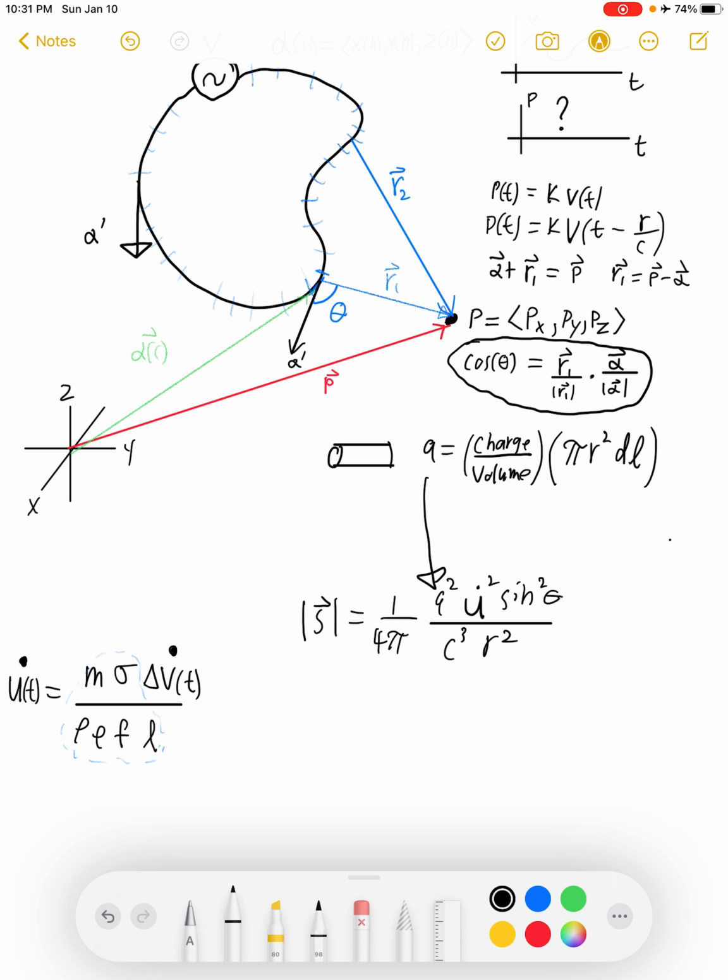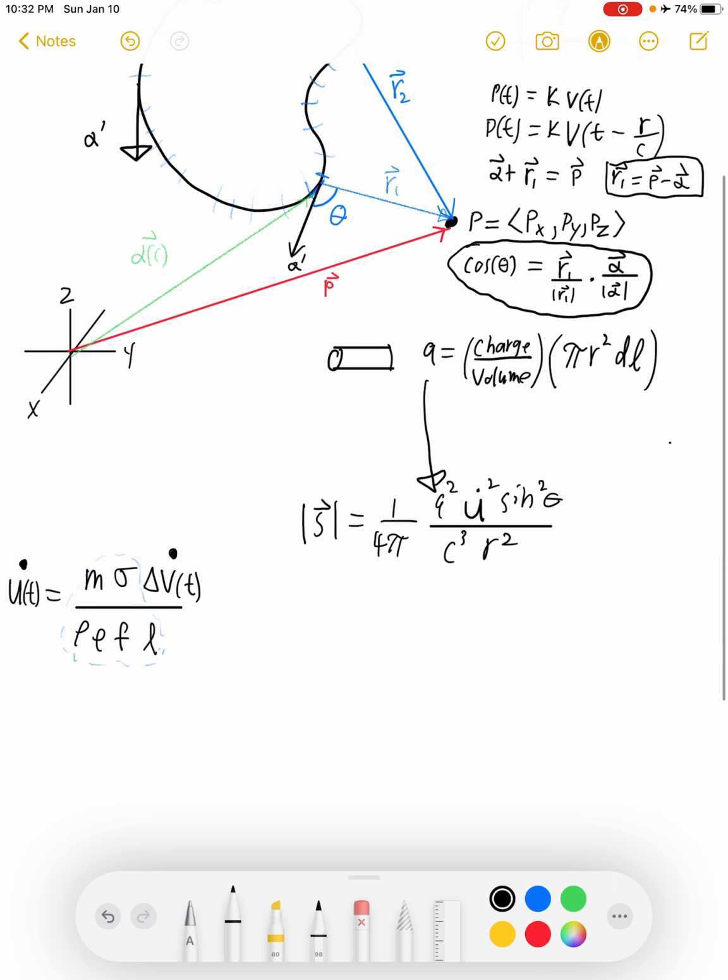Now, you're telling us the point P of interest, and you're also telling us the parameterization of your curve alpha, so you have all the information needed to get R1. And you have everything you need to get theta. So we have everything we now need to get the power from one point.